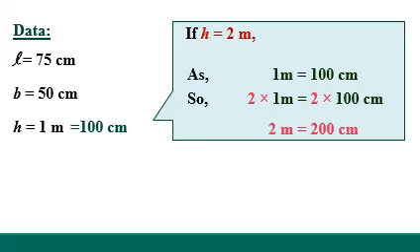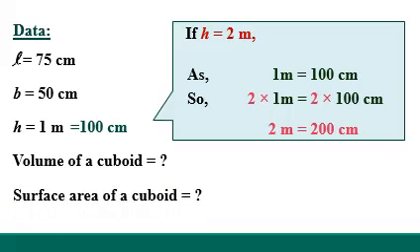Now we are going to write down the terms which are unknown. So volume of a cuboid is unknown and surface area of a cuboid is unknown. Students, now please give the heading of solution.